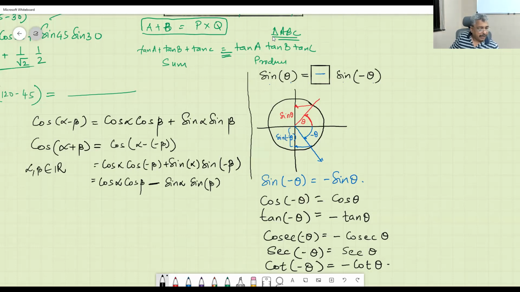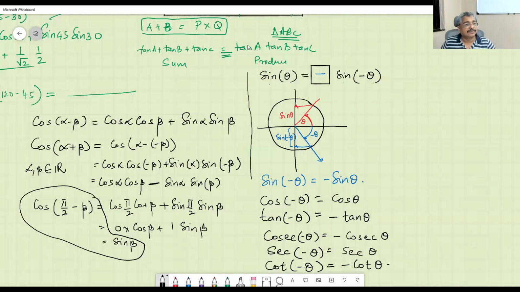Find, and hence find out cos of pi by 2 minus beta equal to. In right angle triangle trigonometry also, we were aware that cos pi by 2 minus beta should be sine beta, and using this developed formula, we could find out exactly the same.